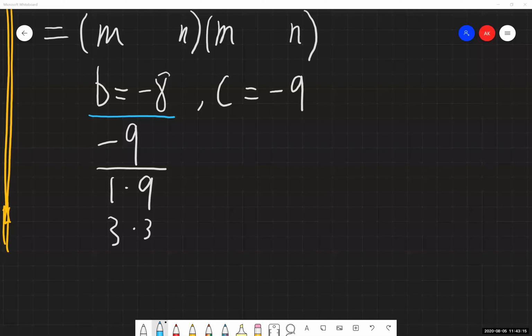So based on the sign of the B value, which is negative, and if we organized our table with the smaller numbers on the left and larger numbers on the right, then that tells me that the sign of the left-hand column, the smaller numbers, is going to be positive, and the sign of my larger numbers, the right-hand column, is going to be negative.